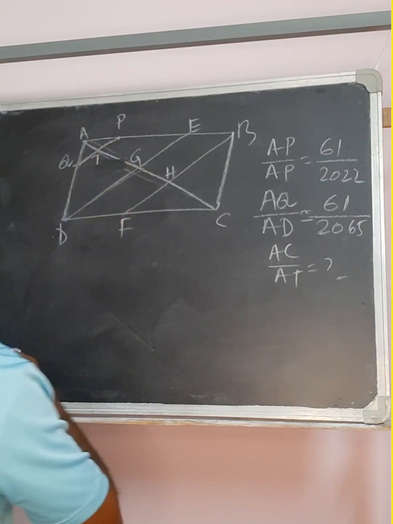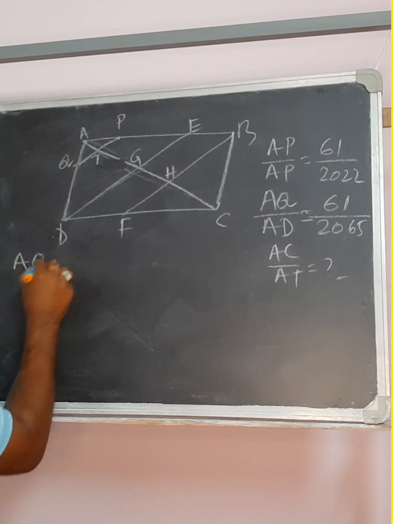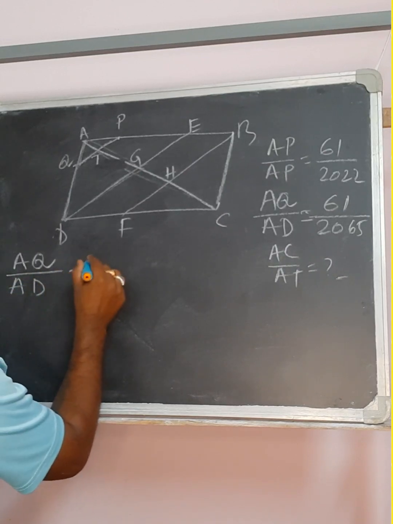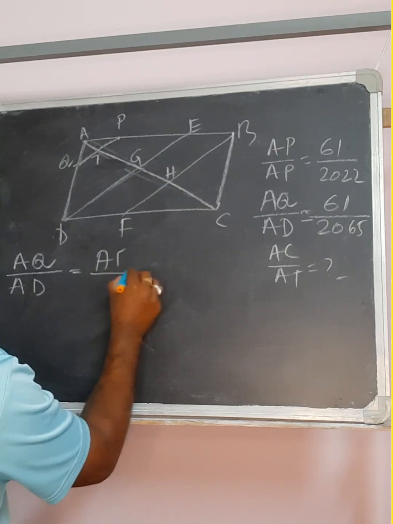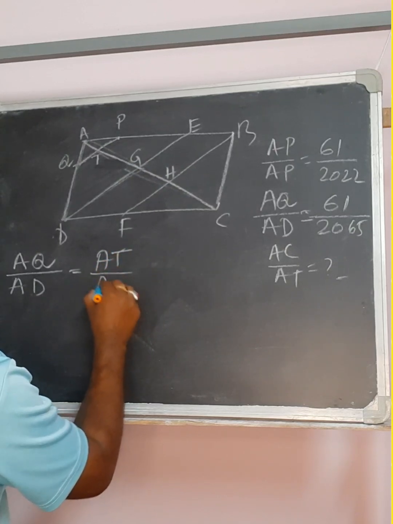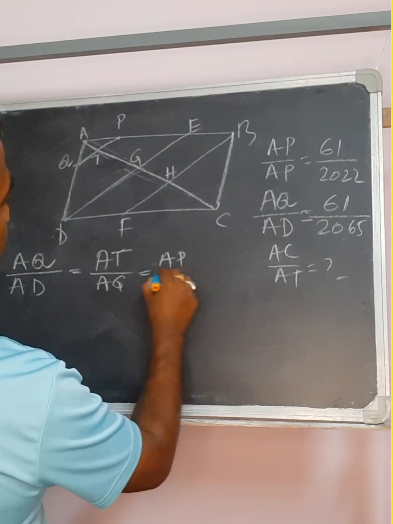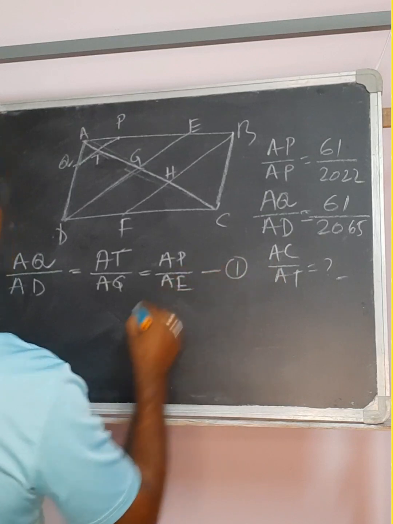So from that concept, I can straightforwardly say, the ratio of these similar sides, AQ is to AD is equal to AT is to AG is equal to AP is to AE. So this is the first set of ratios to be the same.